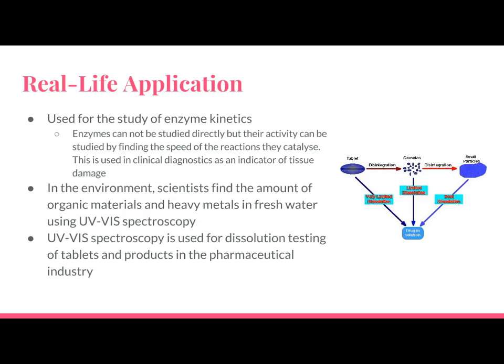So let's go in order of 0, 1, 2. Concentration versus time is our 0 order kinetic reactions, and that's going to be a linear line with a negative slope.